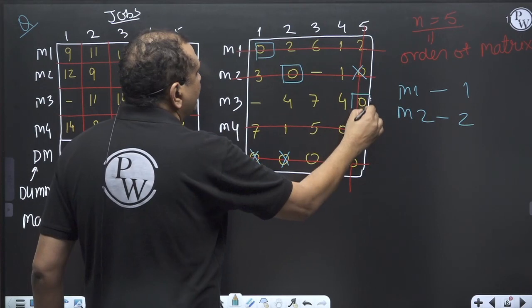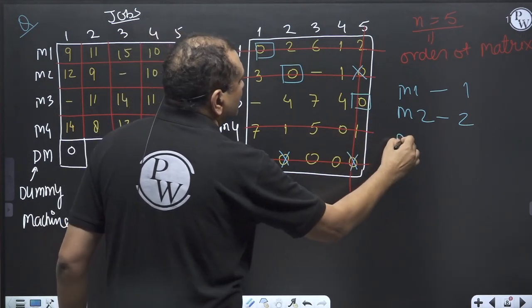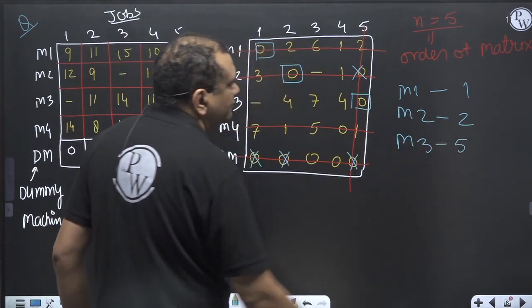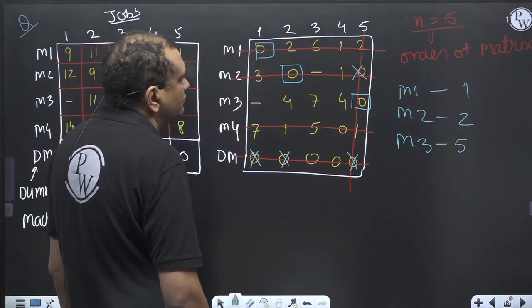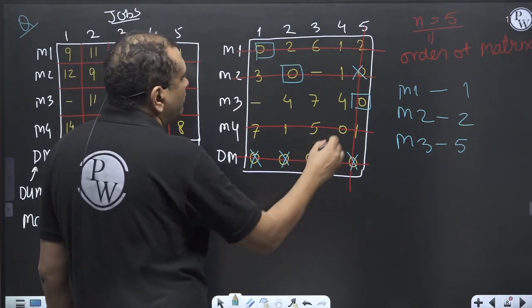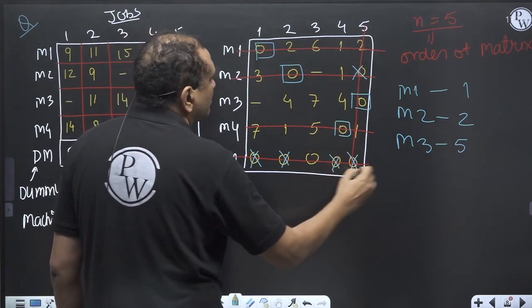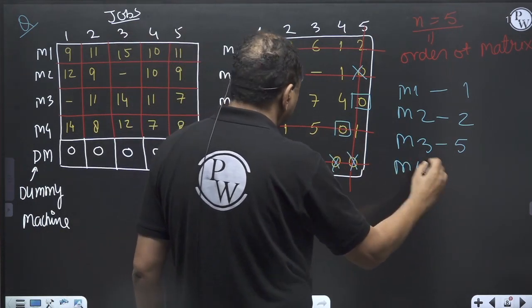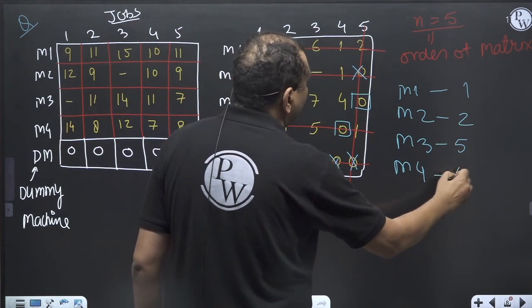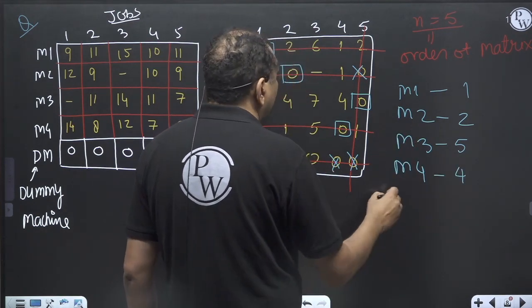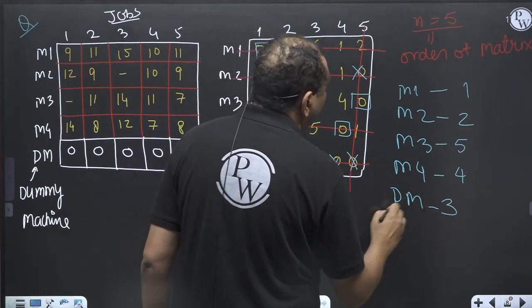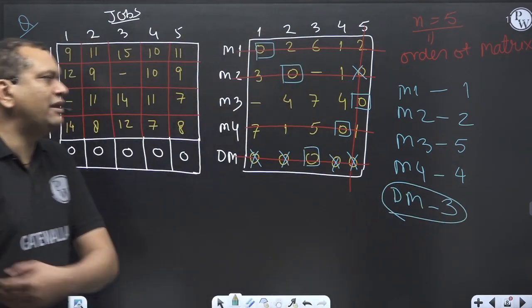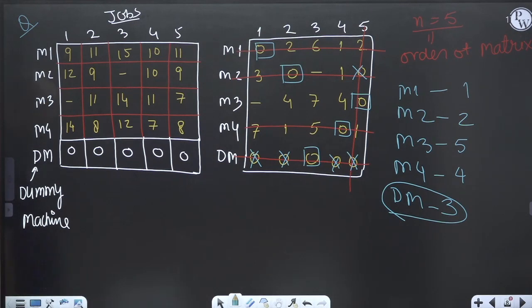M3 to job 5. M4 to job 4. Dummy machine to job 3, so job 3 will not be allocated on any machine.